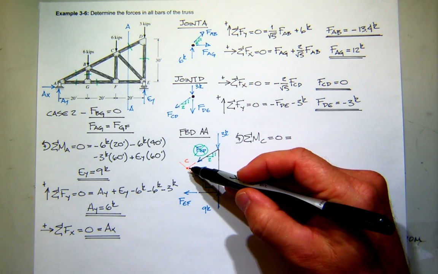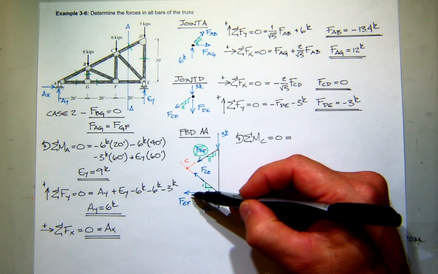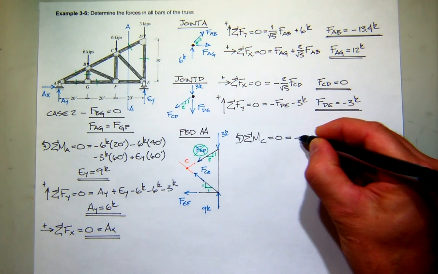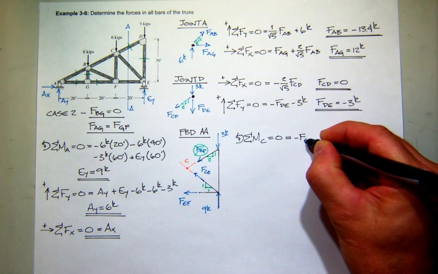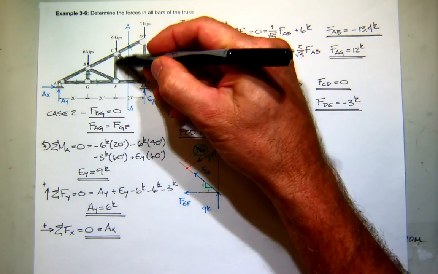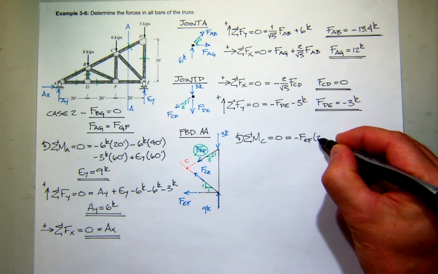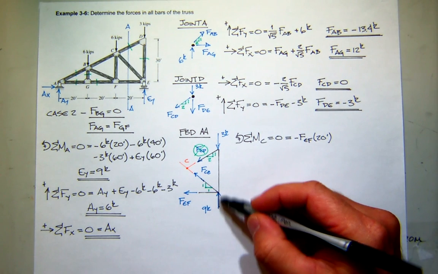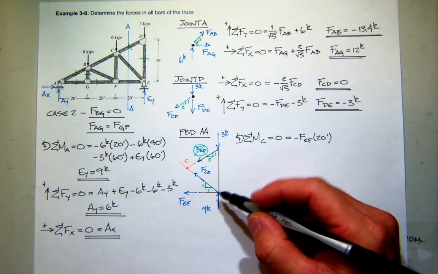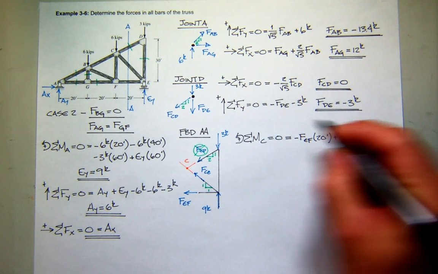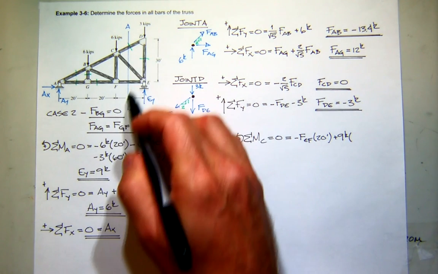Now about C, what kind of moment does EF create? Positive or negative? Negative. So the force EF, and what's the moment arm from C to F? That's this distance. That's 20. Okay, I took care of that. Oh, what about the 9-kip force? Positive. And its moment arm is the span from C to there, which is 20 also.